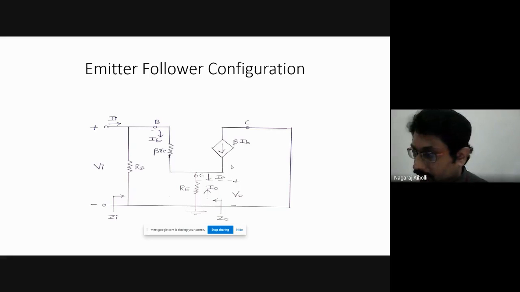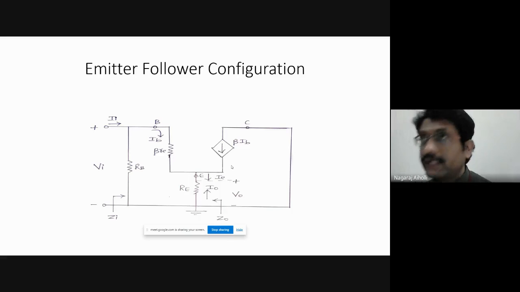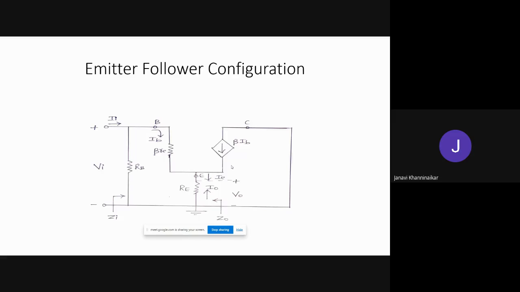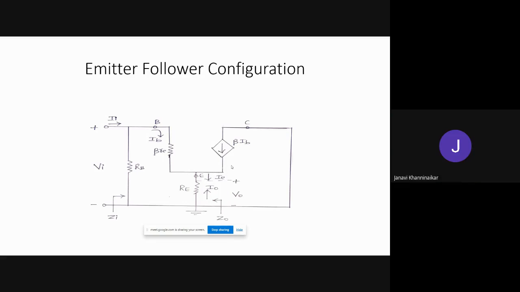Sania, any problem in understanding? No, sir. Rutik, any doubts? Kirti, any doubts? Janvi, any doubts? Clear with today's topics? Understood, sir. Okay, fine.